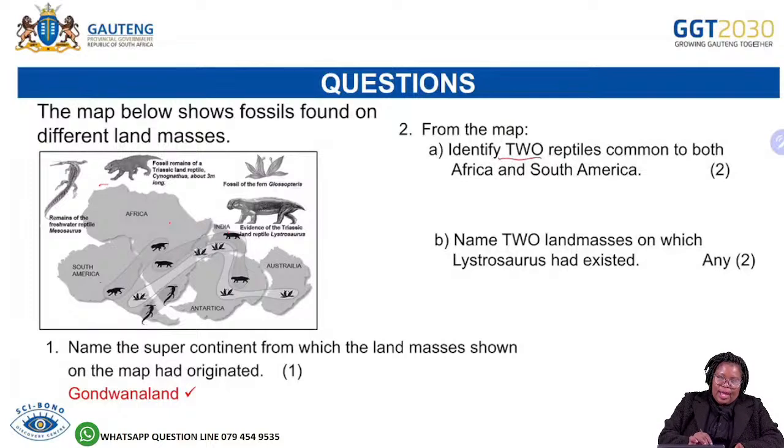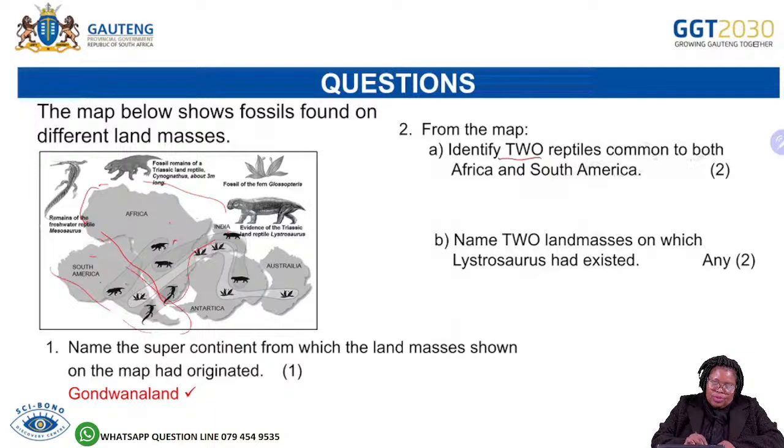So this is Africa, okay, right? And then also, where do we find South America? This is South America. Then the question says, identify 2 reptiles common to both Africa and South America. So you look at those reptiles that are found in South America and Africa.